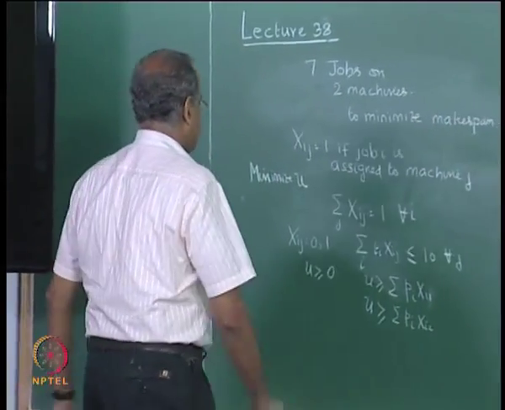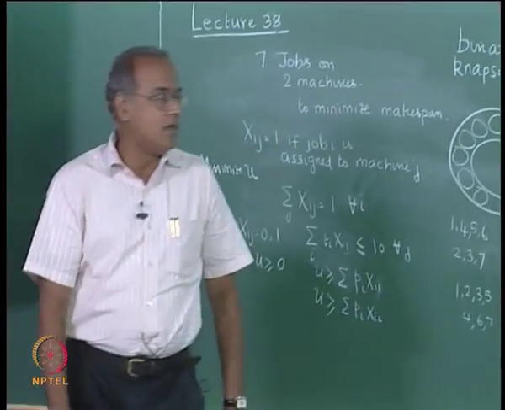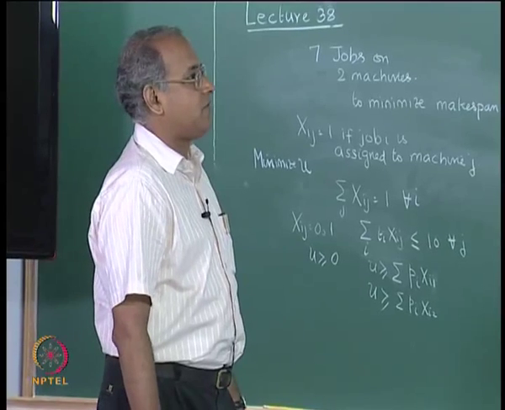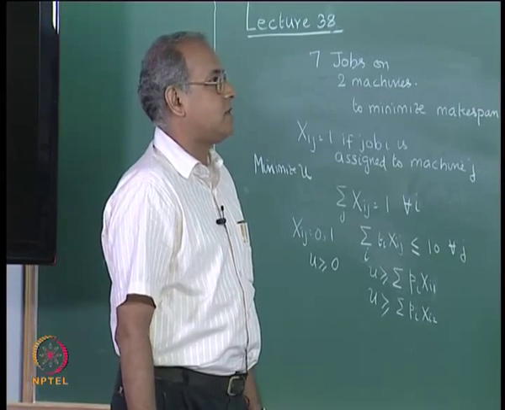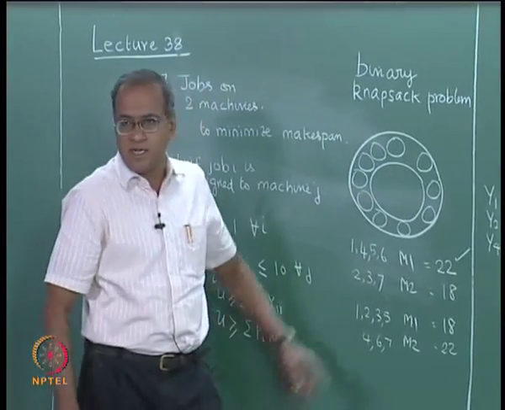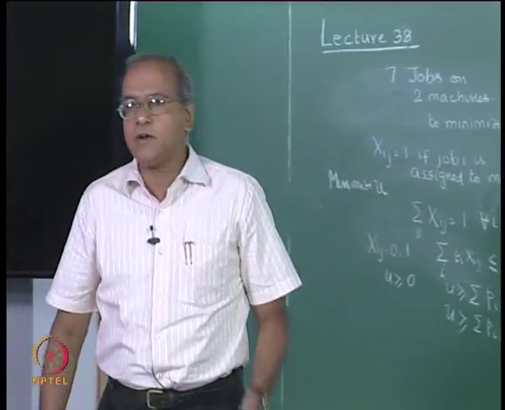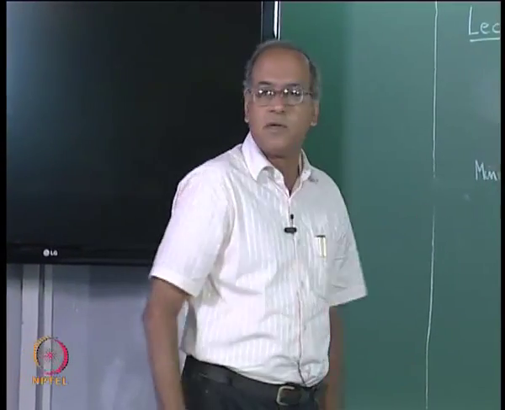So, these two satisfy all the constraints. Now, the load on M1 with 1, 2, 3 and 5 is 1 plus 4, 5 plus 7, 12 plus 6, 18, and 4, 6 and 7 on M2 is 7 plus 8, 15 plus 7, 22. So, again this has a solution with 22. So, it is an alternate optimum. The solver has given one of the solutions with maximum value equal to 22.